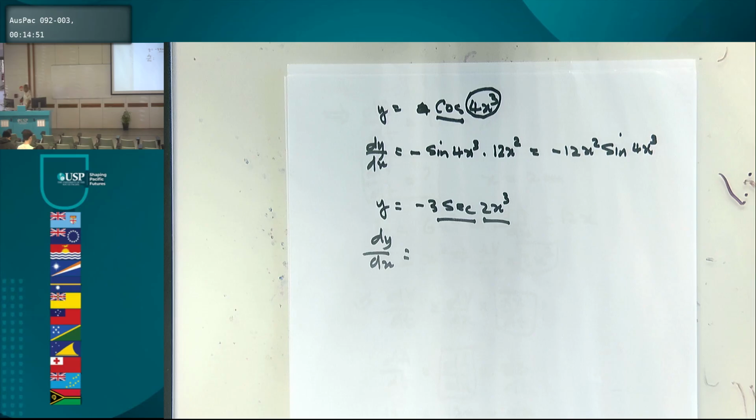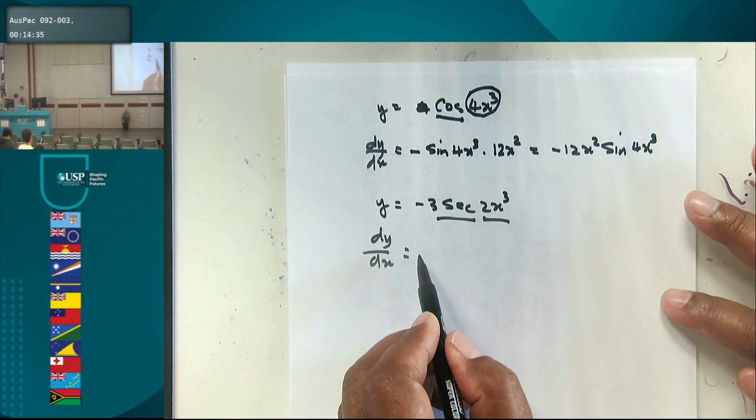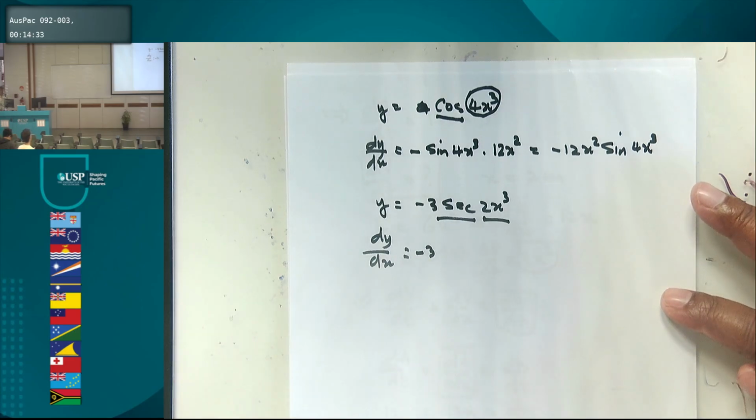So the negative 3 remains. Differentiating sec, you get sec x tan x. So in this case, negative 3 remains. Yep.